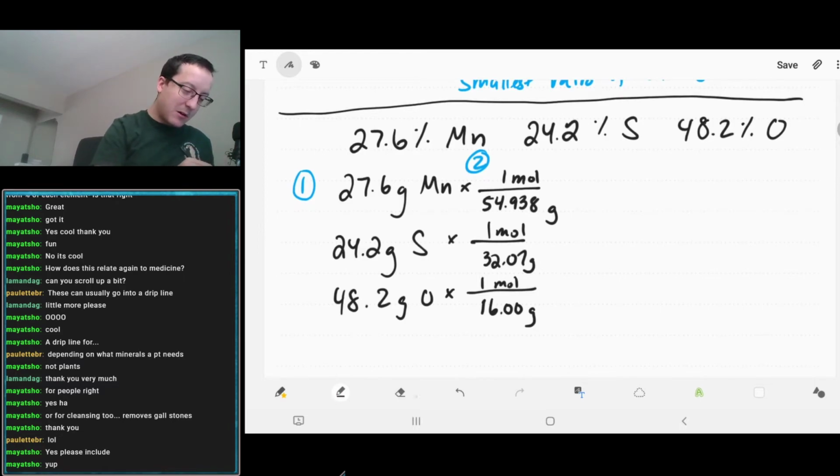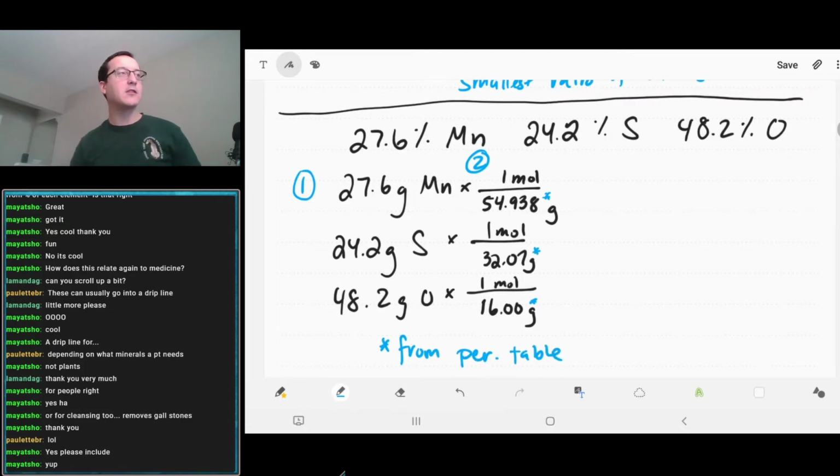So just remember, I'm going to just put a little star. These guys are from the periodic table. Just so we remember where those numbers have come from.